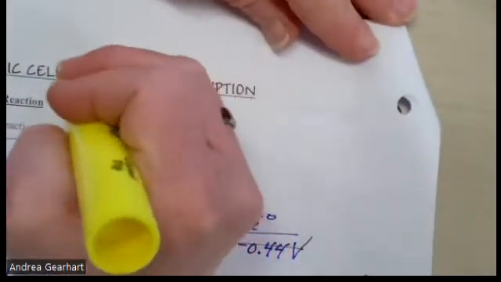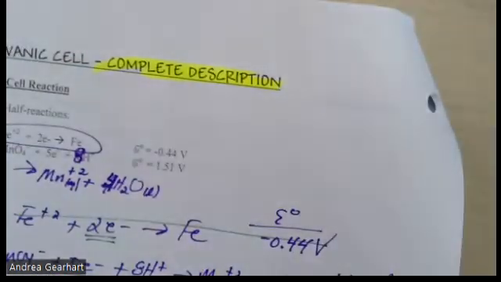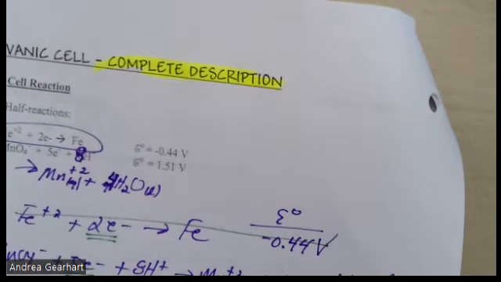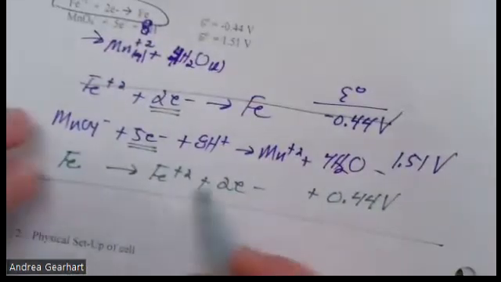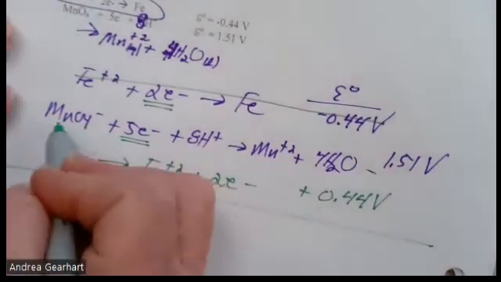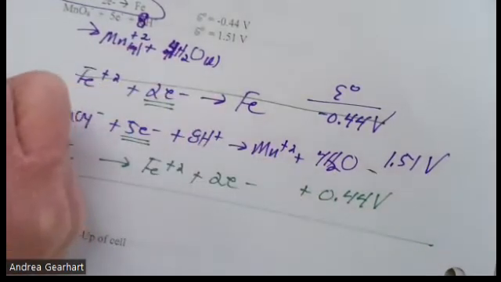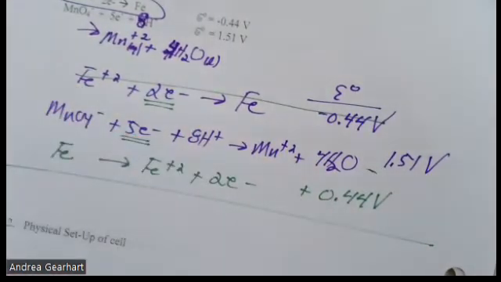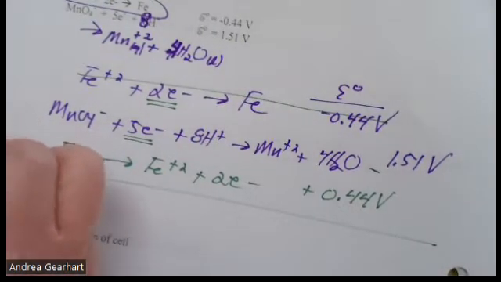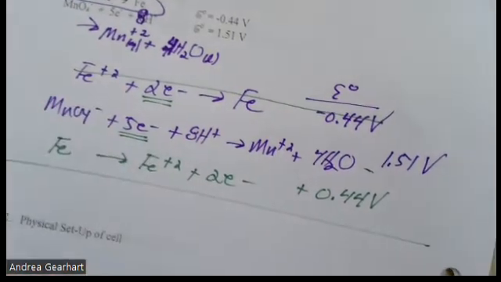Well, I want to show us, if you're asked for the complete description or parts of it, what will we create? Well, these are just the fragments. So this would be, of course, the reduction half cell. And we know the reduction happens at the cathode. And then this will be the oxidation half cell, right?